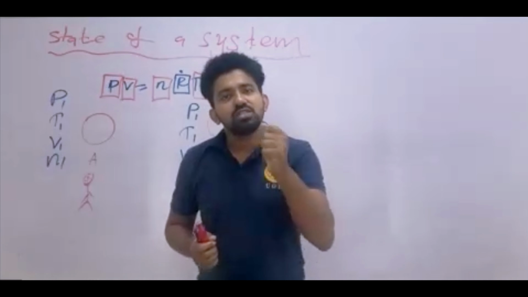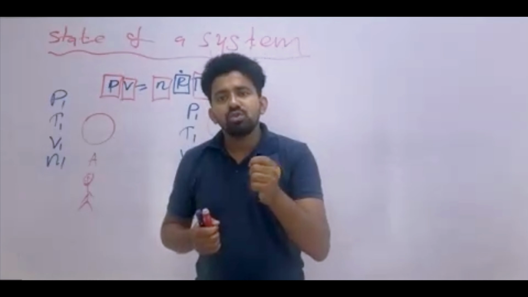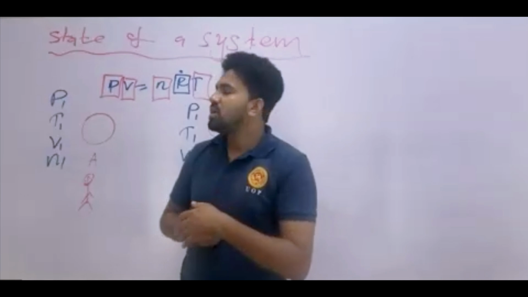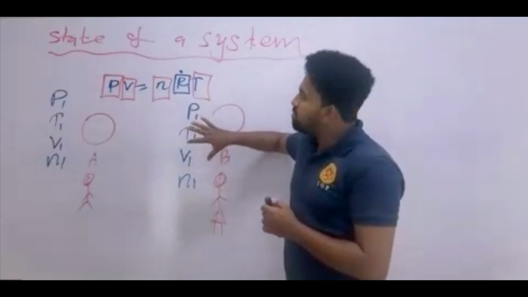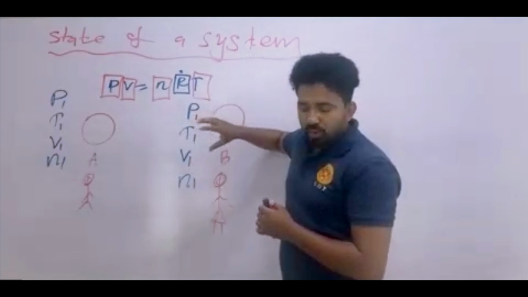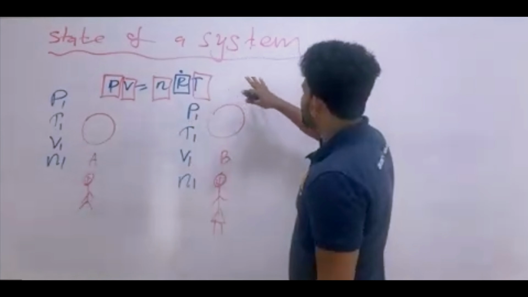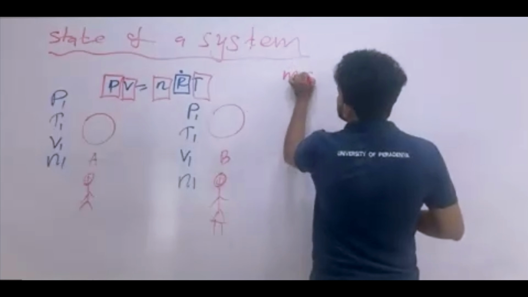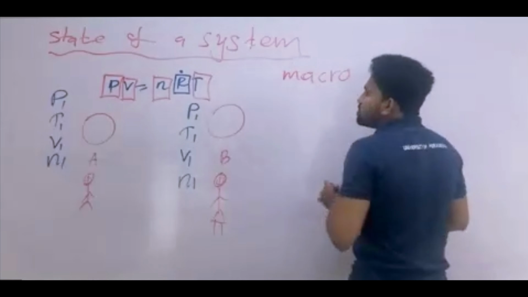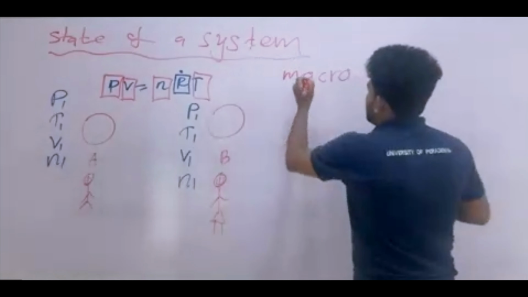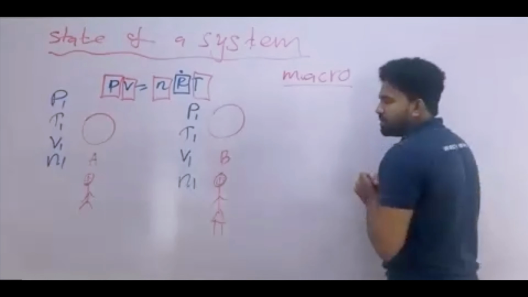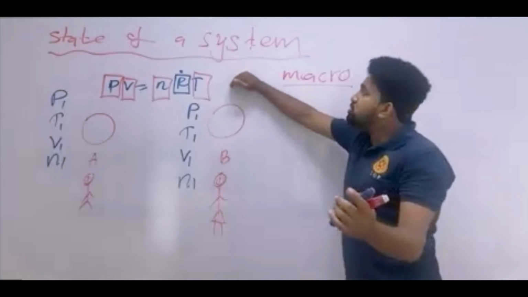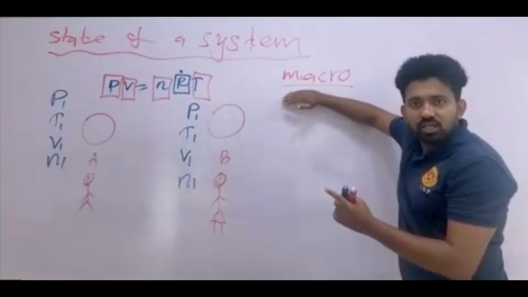Normally, there are two types of properties: macroscopic properties and microscopic properties. Here we use macroscopic properties. So the state of a system means we describe the system using macro properties.